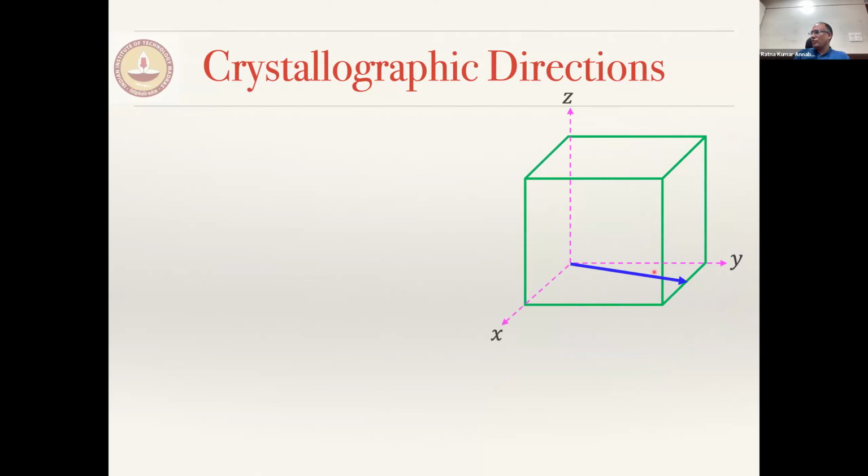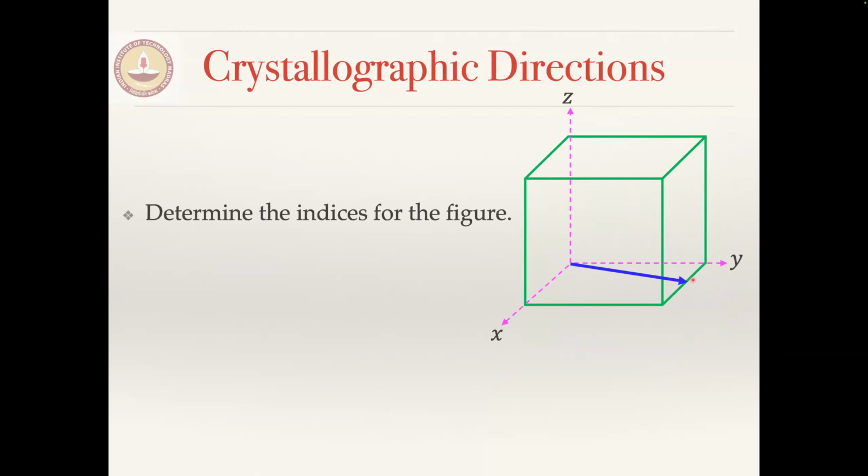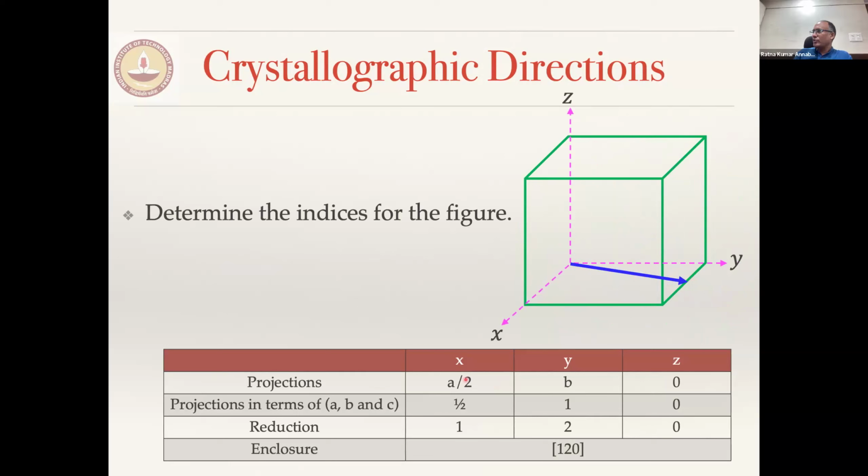If you look at this one, we have written how the indices should be written. For example, what is the x-intercept? It is intersecting at a by 2, y is intersected at b, and z is 0.